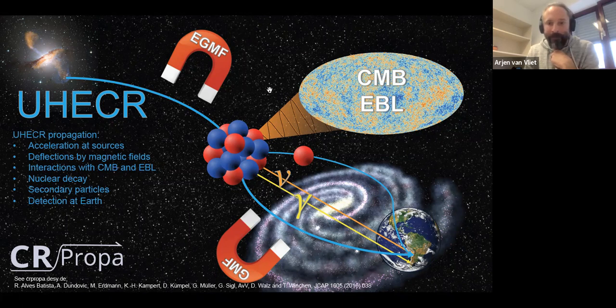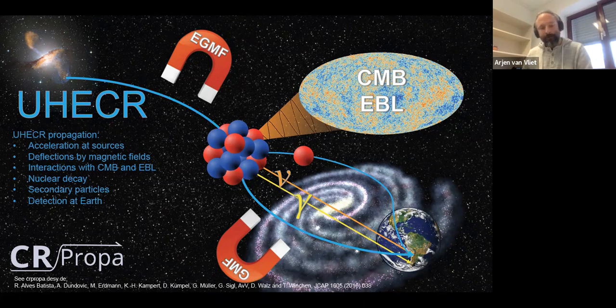They can also interact with different photon backgrounds, the CMB and extragalactic background light, and in these interactions all kinds of secondary particles can be created: secondary cosmic rays, but also neutrinos and photons, or electrons and positrons. Also in these processes, all kinds of unstable particles can be created, so you have to take nuclear decay into account before finally these cosmic rays arrive at our galaxy, where they are again deflected by the galactic magnetic field before finally arriving at Earth.